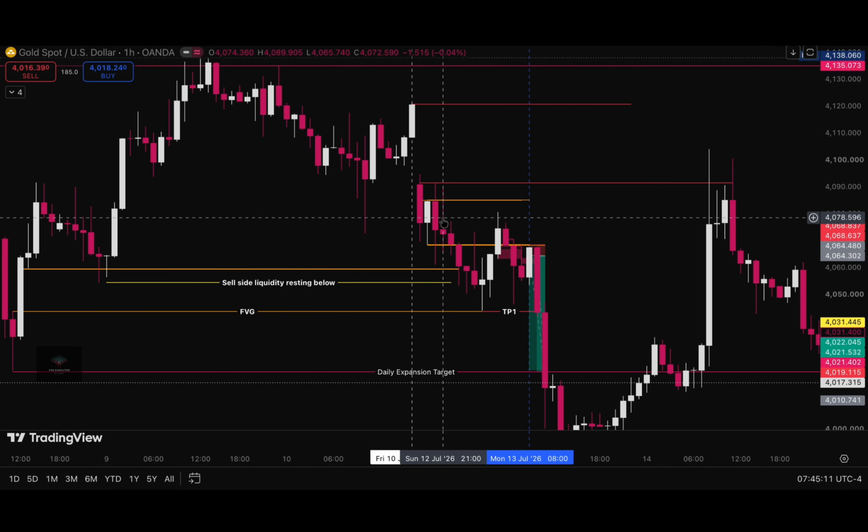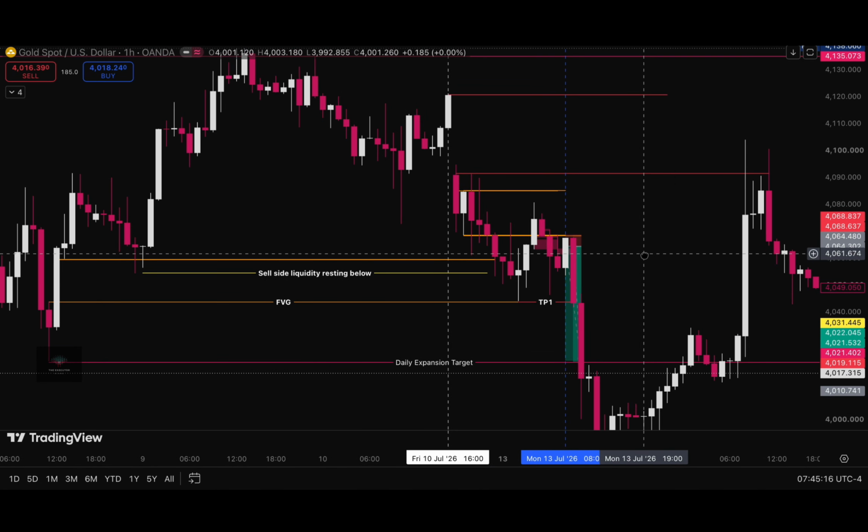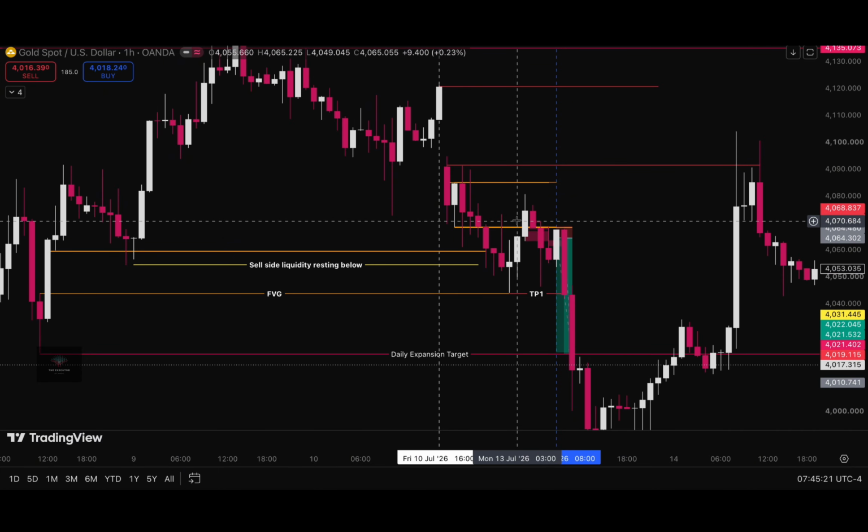So it did here. It left an order block here. So it shifted my bias for the day, and I just reversed from here, and I entered into sells.